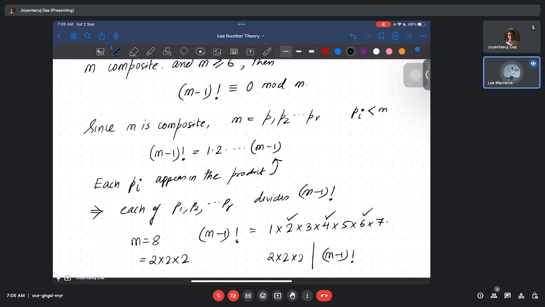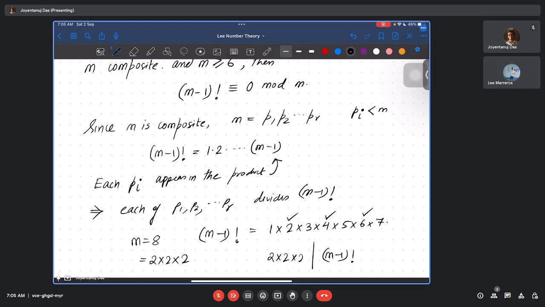Okay, but where do you see that? How did you demonstrate that? So the thing is, we are considering the case that m is a product of distinct prime factors. Since each of the prime factors is strictly less than n, it occurs in this product, because we are going over all values from 1 to m minus 1.